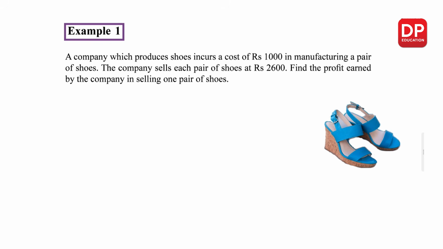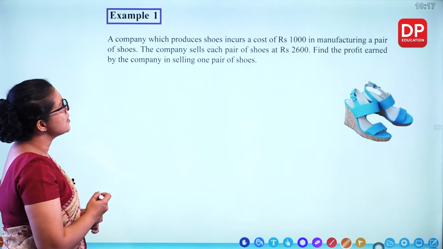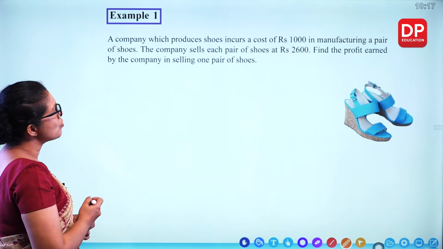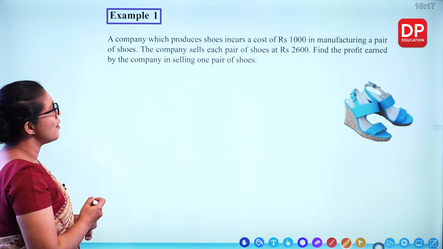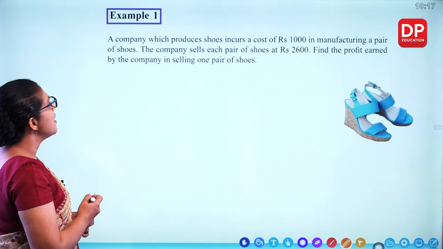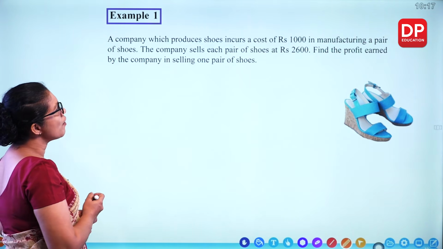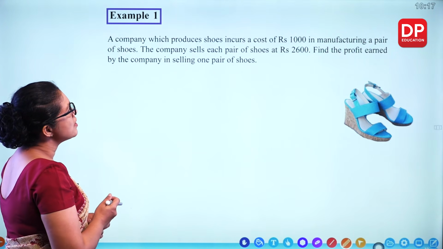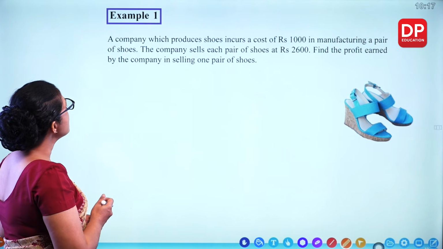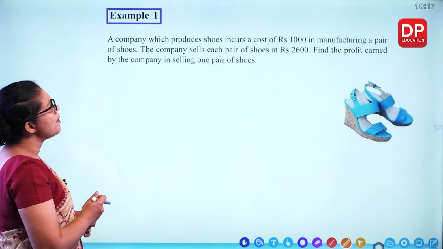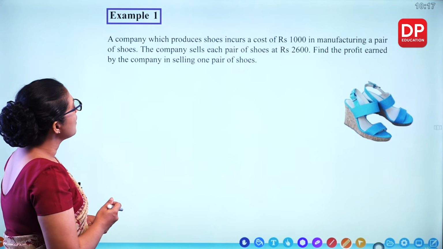Now we'll look at example 1 in your textbook. A company which produces shoes incurs a cost of 1,000 rupees in manufacturing a pair of shoes. The company sells each pair of shoes at 2,600. Find the profit earned by the company in selling one pair of shoes.